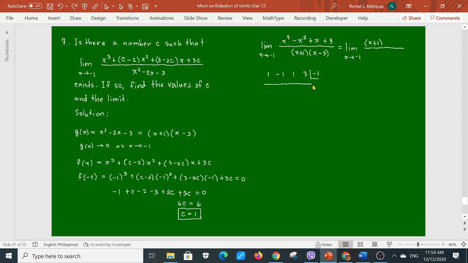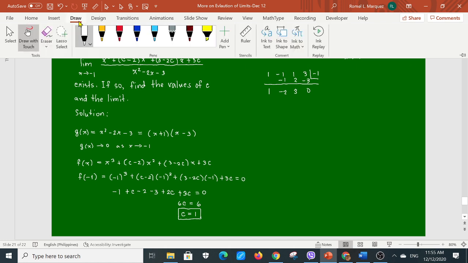Bring down 1, multiply by negative 1, add, multiply by negative 1, add, multiply by negative 1. So this is now 0. So the other factor, therefore, is x squared minus 2x plus 3, all over x plus 1, x minus 3.